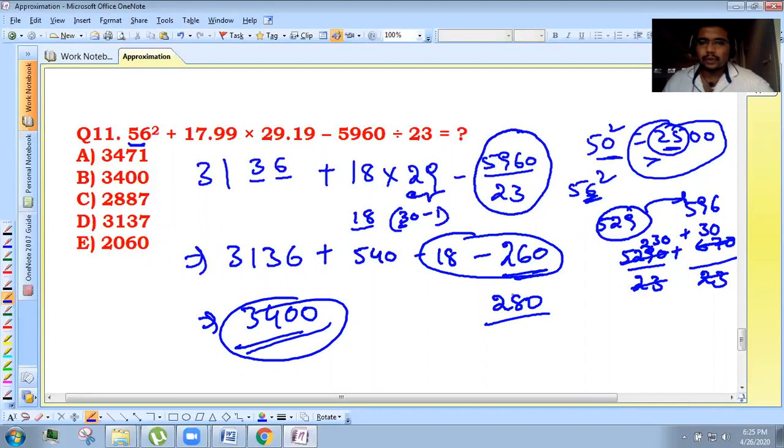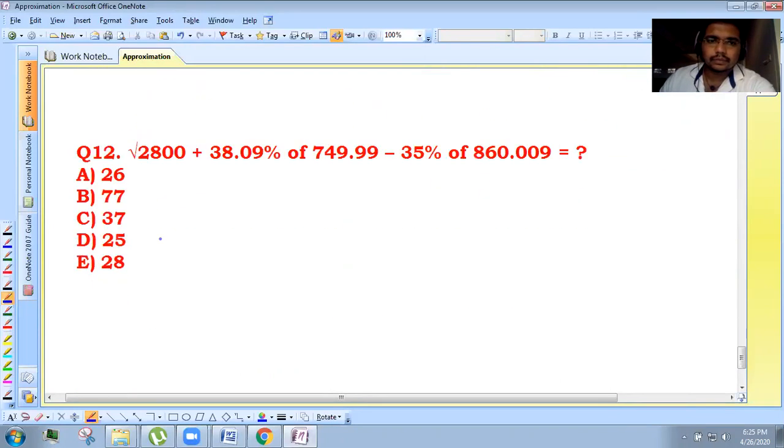You could take it as 280 and you will get the answer 3400. So try to solve this question. You'll get the answer as 37.